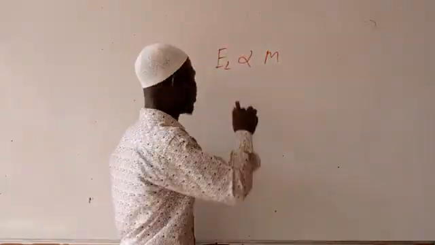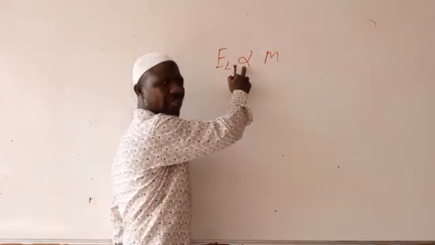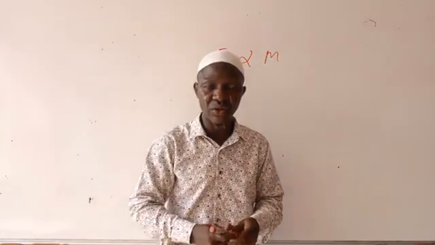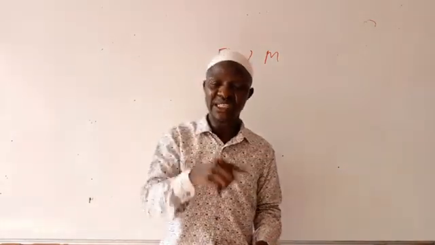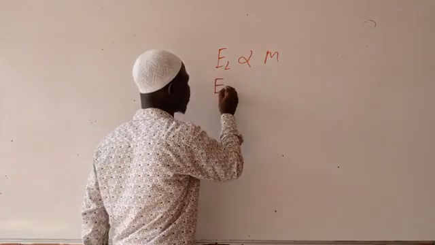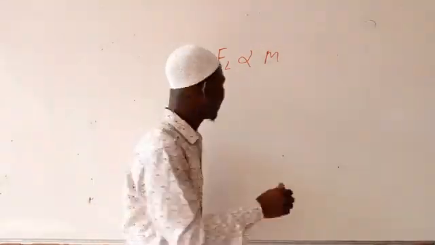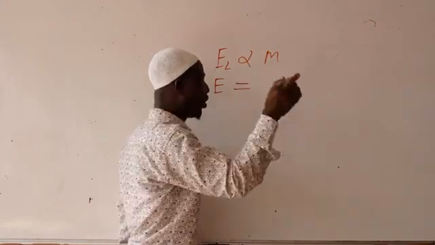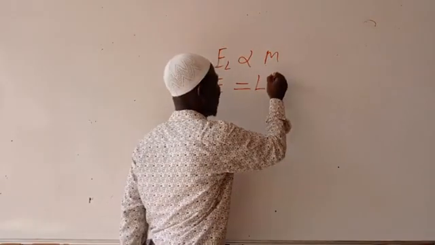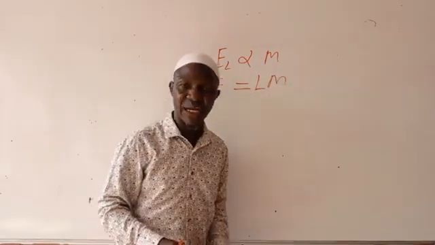Don't forget that in our mathematics, when you remove the proportionality sign, you are going to put a constant. The constant here is the specific latent heat. Therefore, the energy supplied during change of state depends on the latent heat of that state and the quantity of mass, how big the mass is.